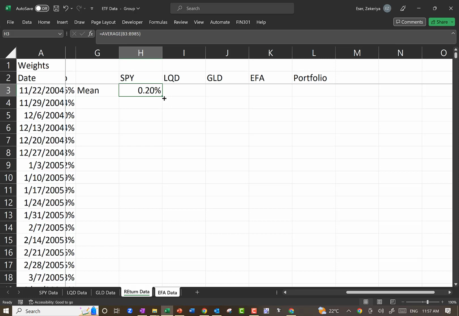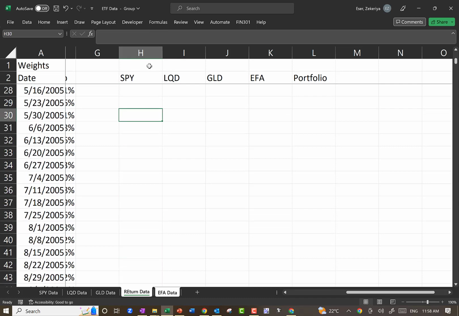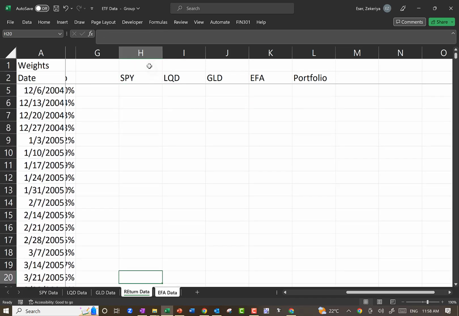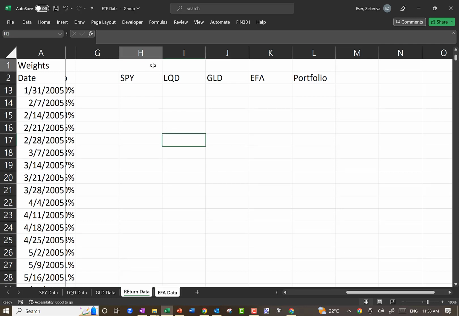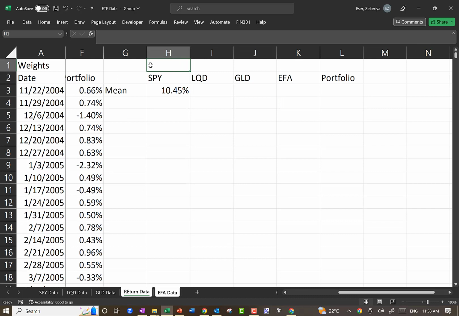These are weekly. Sometimes I like multiplying these things by 52. That's kind of an APR number. It's not easy to relate to a weekly return number.